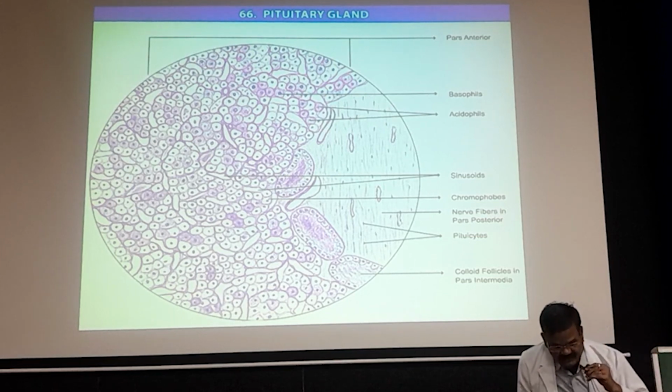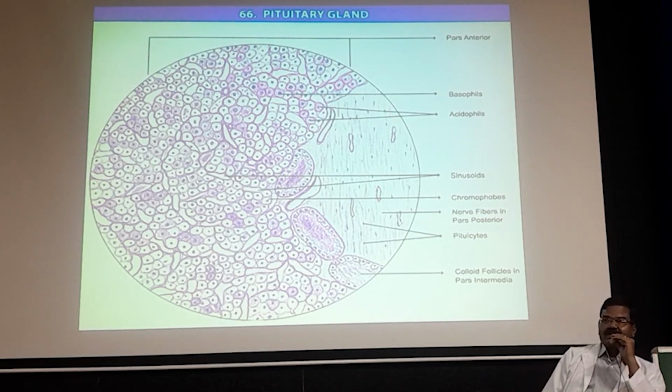Coming to the endocrine glands that are incorporated in our body, in order from above downwards. Write down: endocrine glands in the head region. A. Pituitary gland or hypophysis cerebri. That is the master endocrine gland.